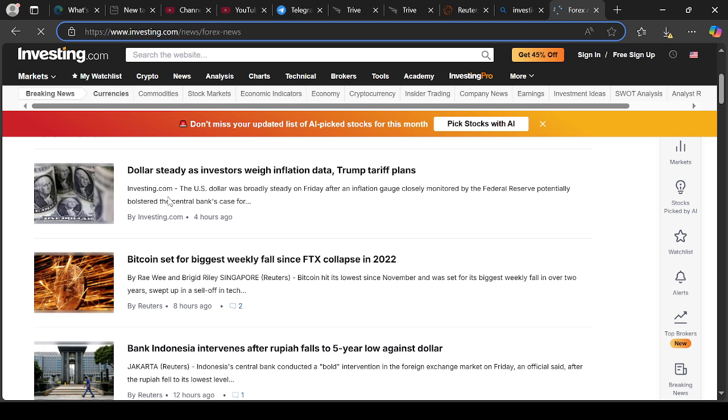So how do you trade this? When you are trading with fundamental analysis, you have to pair your strong currency with your weak currency. Like now, this dollar, you see that it's getting strong.